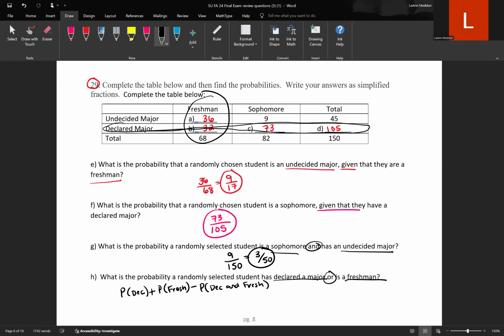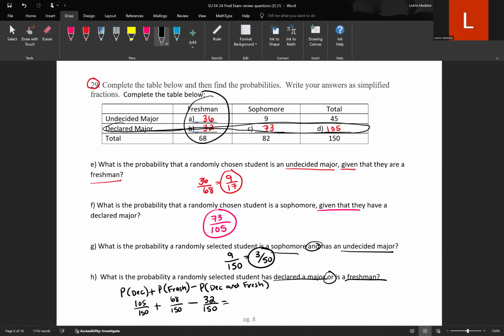The freshmen, there are 68. So 105 out of all 150 people were declared, and 68 people out of the 150 were freshmen. But that 32 that I overlapped with both circles, that's how many people got counted twice when I did it this way. So if we add and subtract across that top, that's going to be 105 plus 68 minus 32.